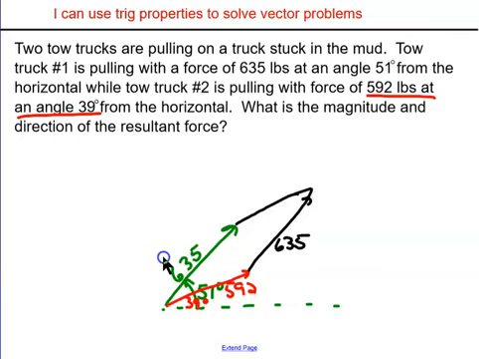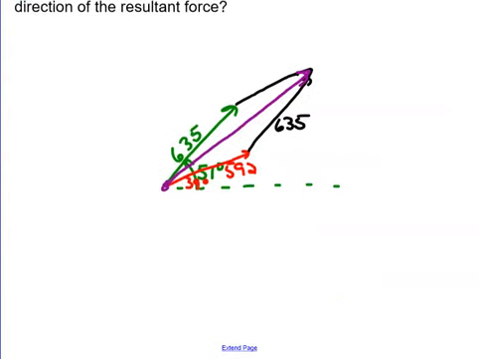And our resultant vector starts here and ends there. So it's that pink line that I want to figure out, what is the resultant vector, and then I want to figure out what this direction is. If this is 0 degrees, how far from 0 it is. Okay, so I'm going to start with the magnitude.